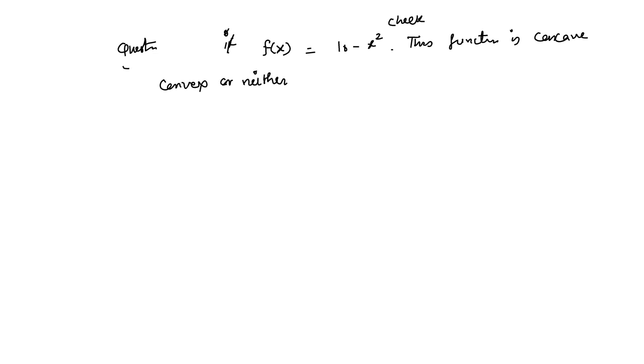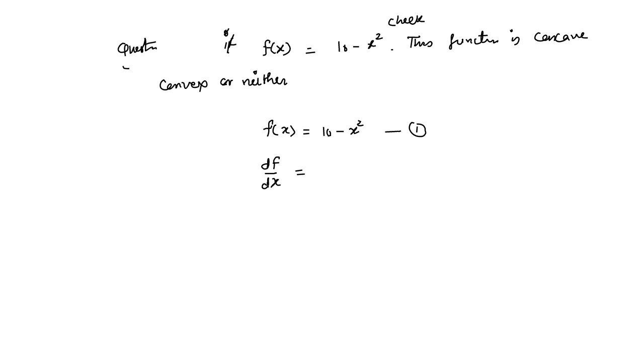So we have to check the concavity and convexity. We write the function f(x) equal to tan minus x square. This is equation number 1. We calculate the first derivative, that means df upon dx, for the stationary value.